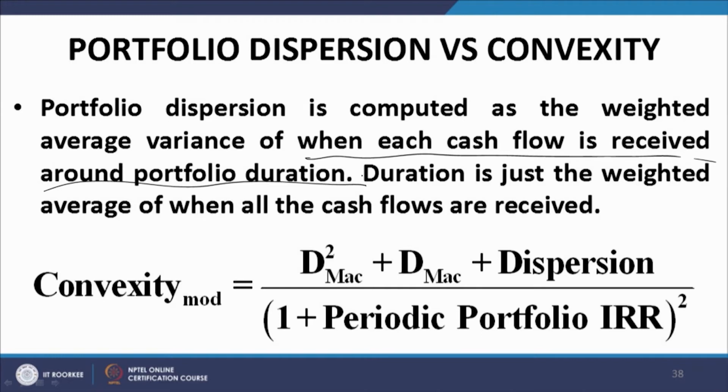This is the abridged definition of duration, but as far as dispersion is concerned, it is computed as the weighted average variance of when each cash flow is received around portfolio duration. The relationship between convexity and dispersion is given in this particular equation, and you can see here, the higher the dispersion of cash flows, the higher is the convexity and vice versa.